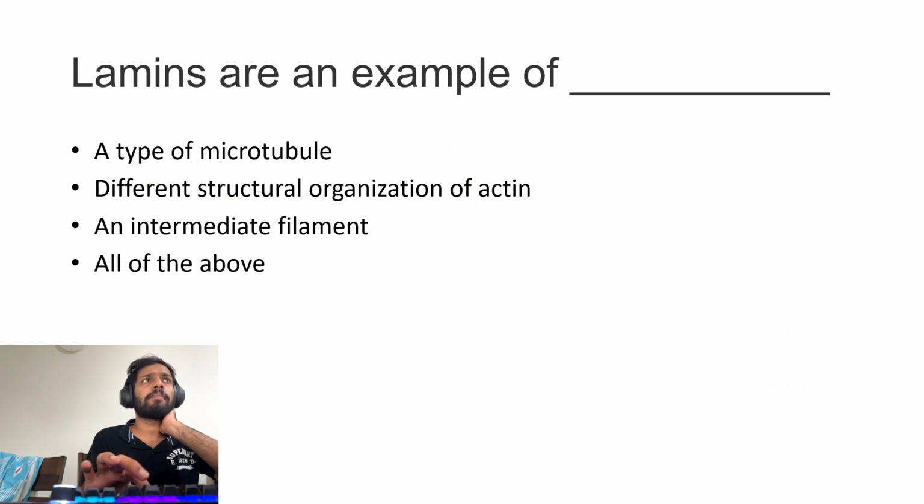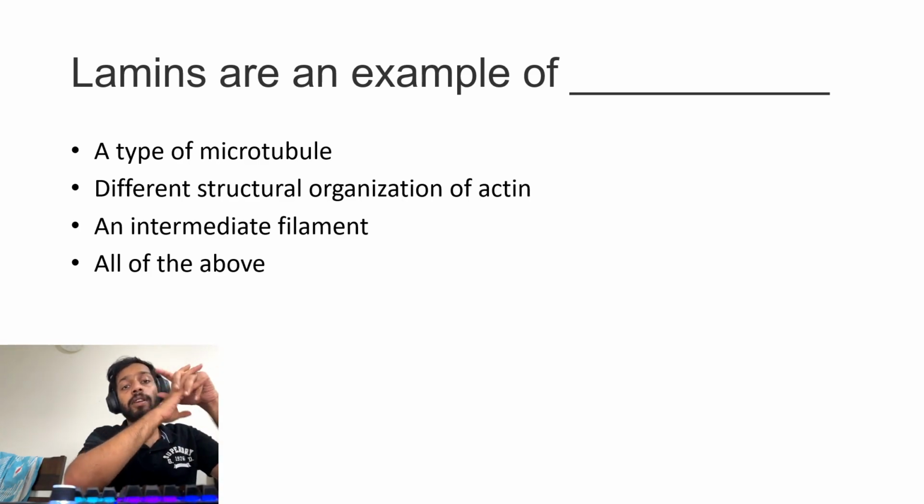Lamins are an example of what? A type of microtubule, a different structural organization of actin, an intermediate filament, or all of the above. What are lamins? Are they a type of microtubule? Are they a different structural organization of actin itself? Or are they an intermediate filament? Or are they all of the above?